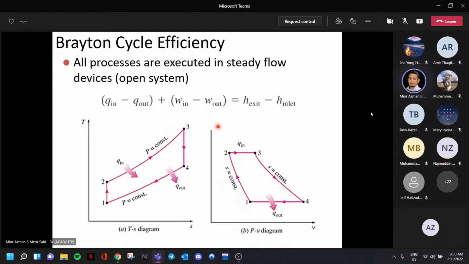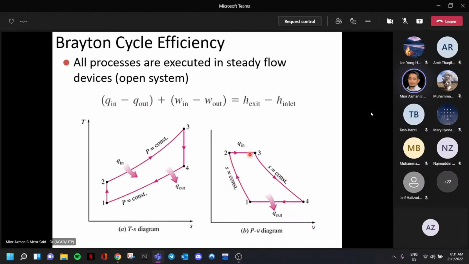Right, and we shall take a look at the diagrams, the TS diagram and PV diagram. Let's take a look at the PV diagram first. So here from 1 it goes into the compressor. So it's an isentropic compression, S is constant, delta S equals 0, 1 to 2.